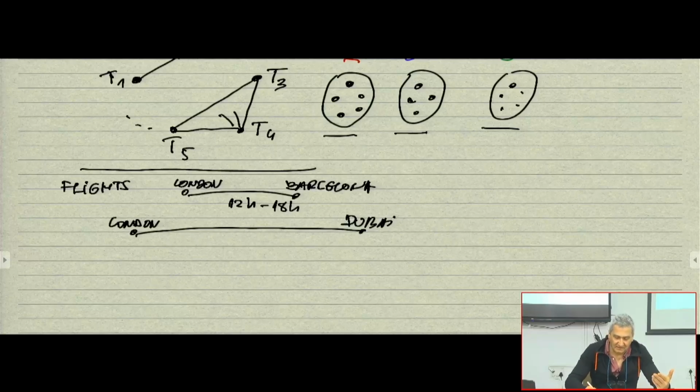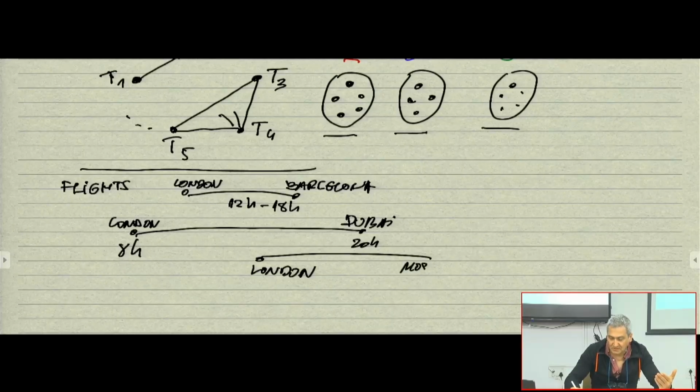And then we may have London, let's say from 8 o'clock until 20 o'clock, and then we may have a flight London, Moscow, and so on. So each of these flights will be a vertex.